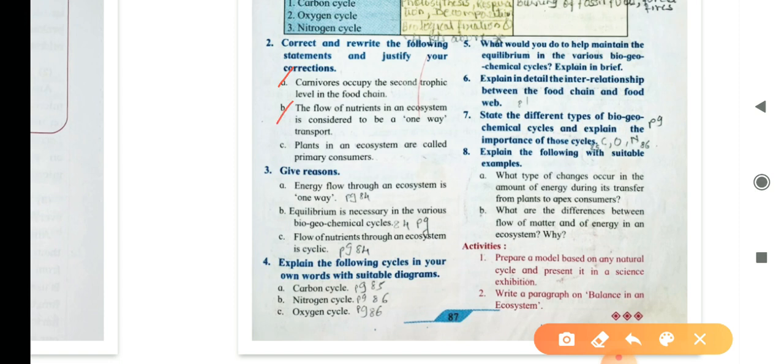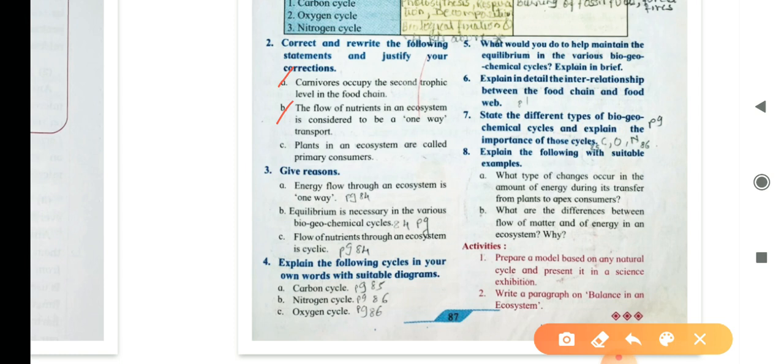B. The flow of nutrients in an ecosystem is considered to be one-way transport. It's false. The flow of nutrients in an ecosystem is cyclic. We have seen in the three gaseous cycles, the nutrients are circulated and recycled from the biosphere to the living organisms, and after their death back into the biosphere.